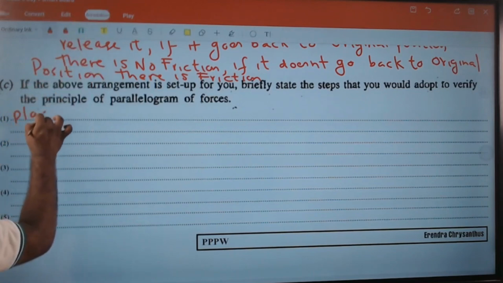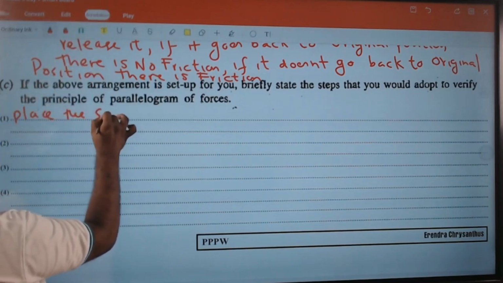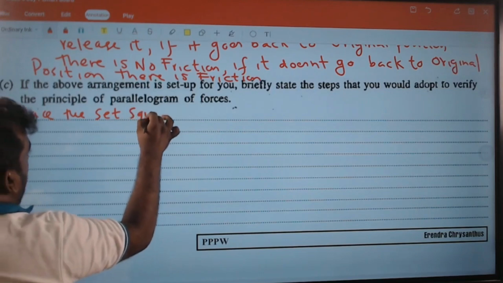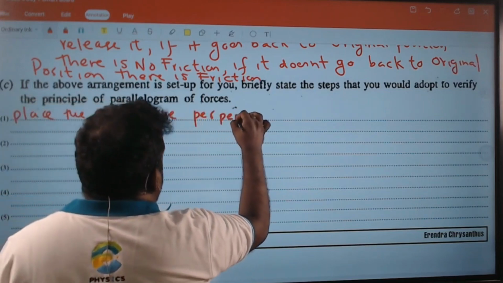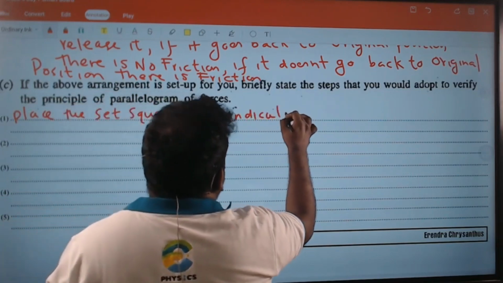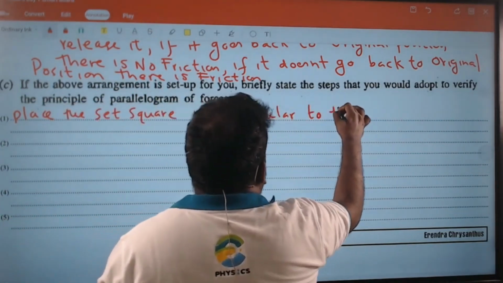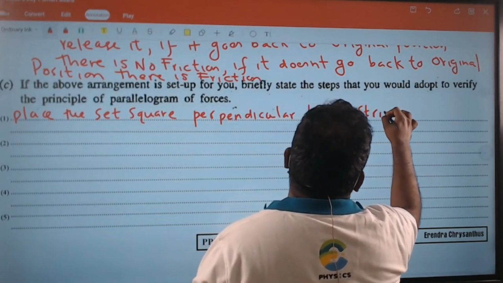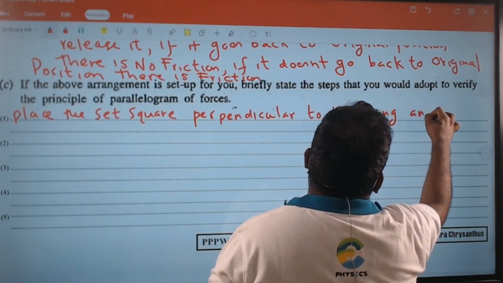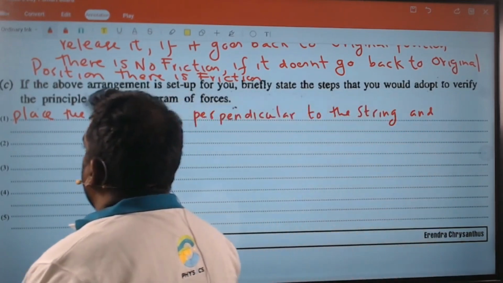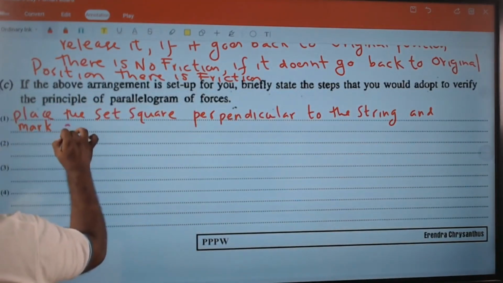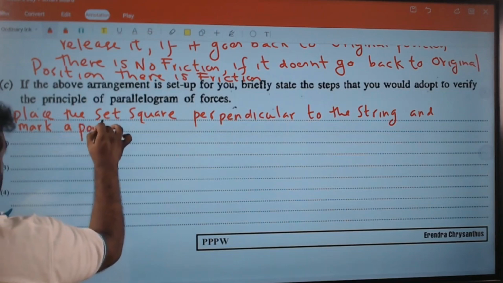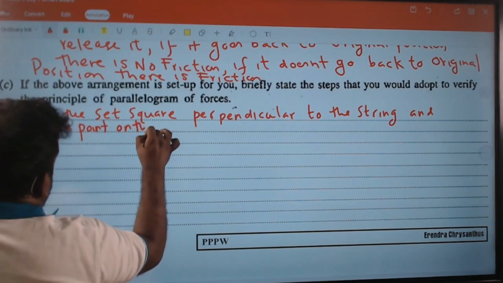Write that down. First one, place the set square perpendicular to the string and mark a point on the string.